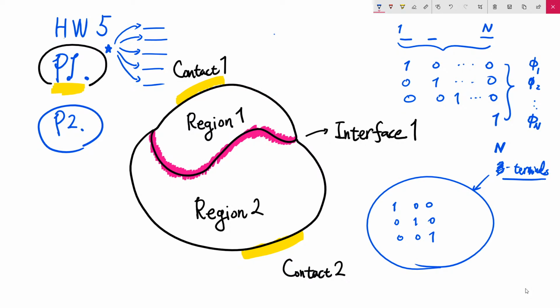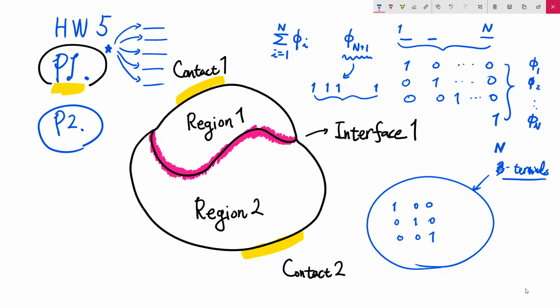After that, make a sum of phi i from 1 to capital N, and please make a comparison with our phi n sub 1, where all large N terminals are biased to 1.